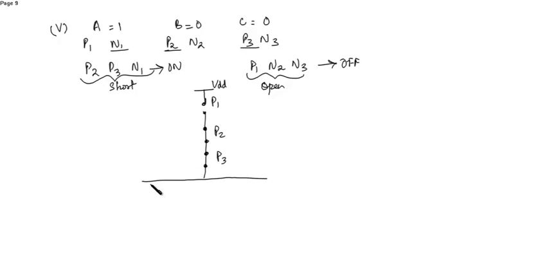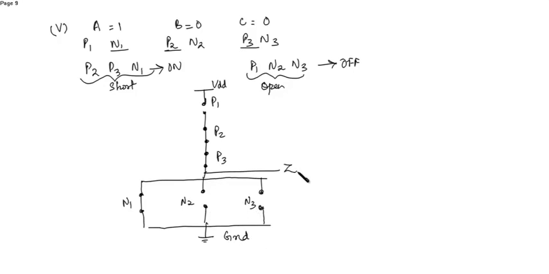Now N1 shorted, N2 and N3 will be open. This is ground, this is N2, this is N3, this is the output Z. So here, even though P2 and P3 are short circuit, this is an open circuit, so this will block the high voltage, even though P2 and P3 are short circuit, because they are in series.